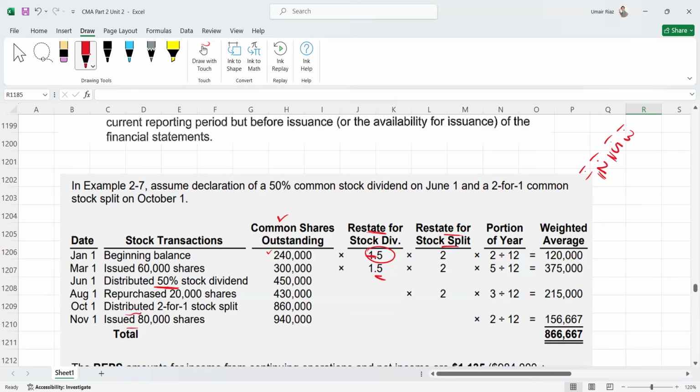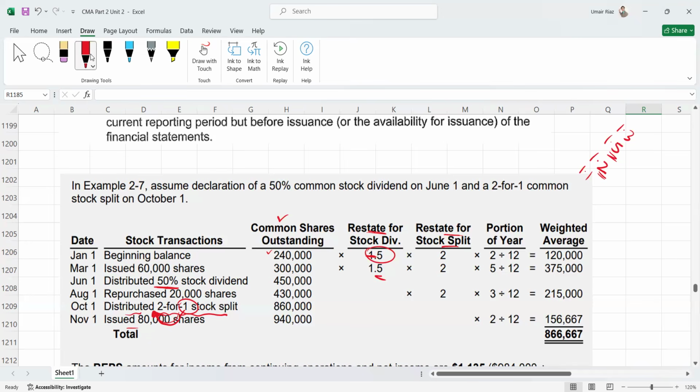We distributed a 2-for-1 stock split. 2-for-1 means that if you have one old stock, you get two new stock. Or simply, you can say this way: one stock is split into two. This is the correct interpretation. So if you have one existing share, now it will become two shares because 2-for-1 is there.